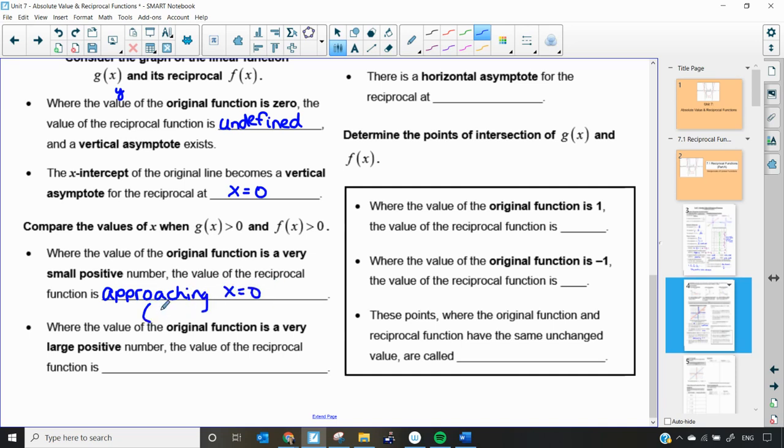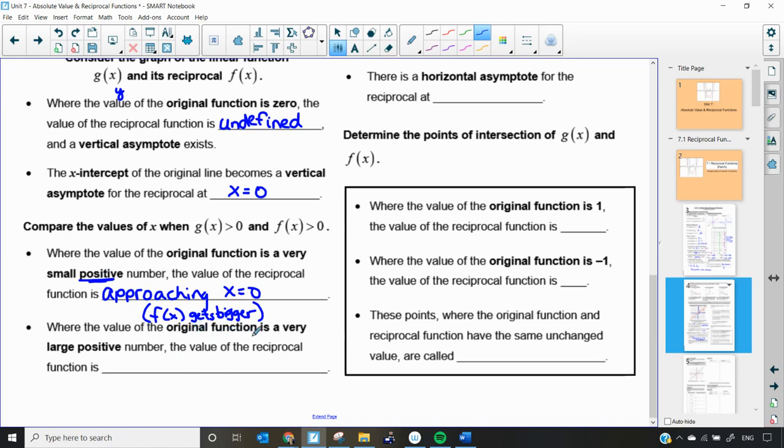In other words, that reciprocal function f of x is getting bigger. And so when we're talking about this value here, we're talking about positive numbers. So again, we're not talking about whether it's positive or negative. We're just looking at the actual value of the number.